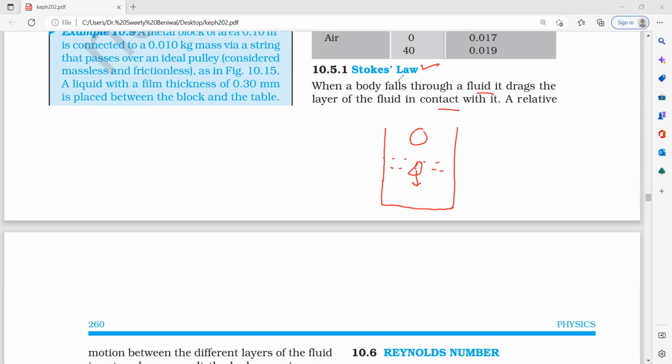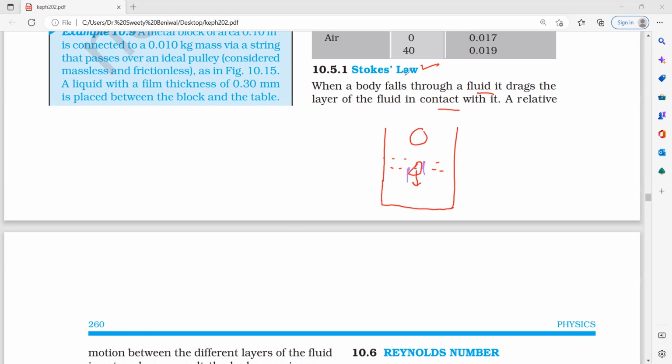the adjacent layer will go downward with it.